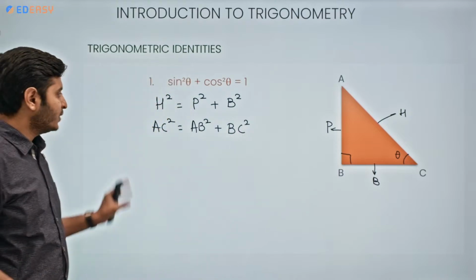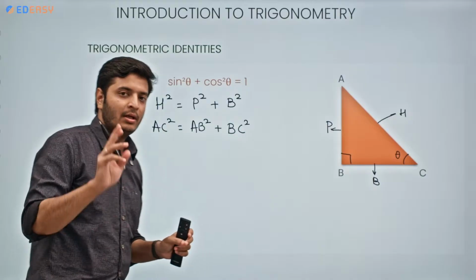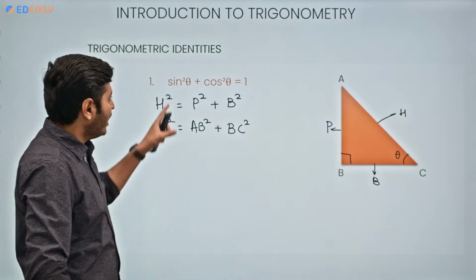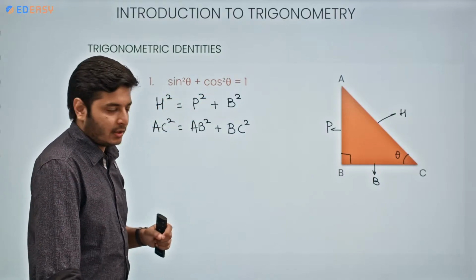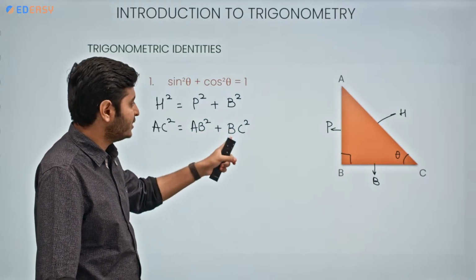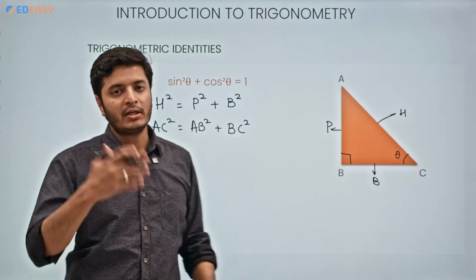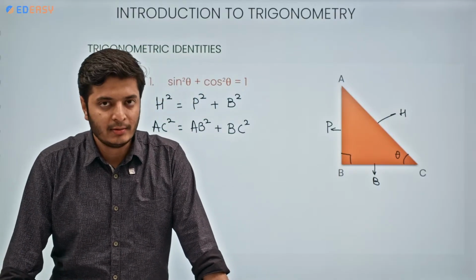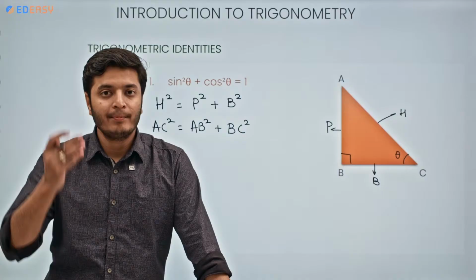Do one thing, divide the whole equation by AC square, same value, because I need sine square theta, cos square theta, correct? Perpendicular is AB square, base is BC square. What is sine theta? Perpendicular by hypotenuse, correct? What is cos theta? Base by hypotenuse.